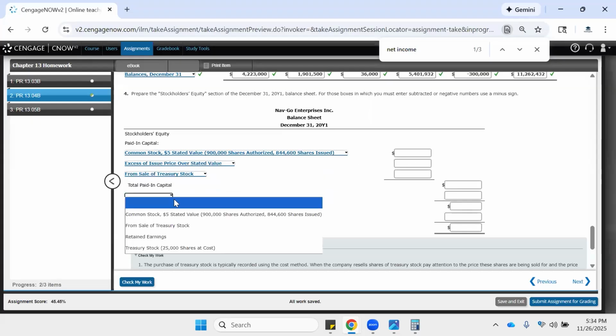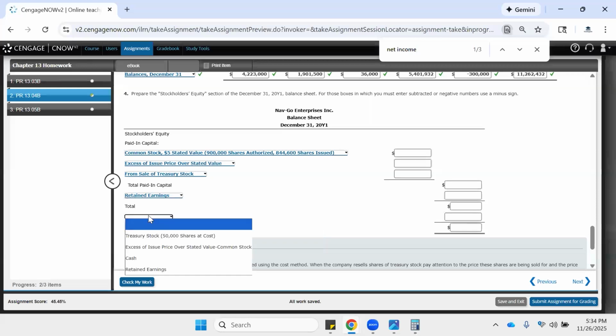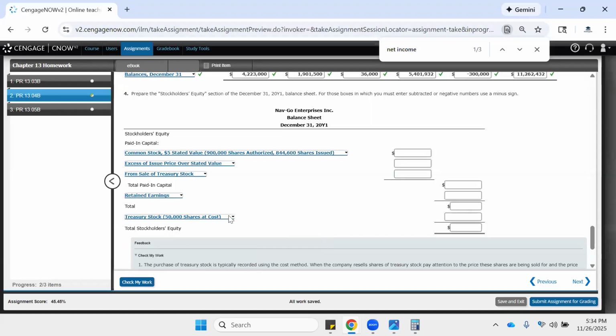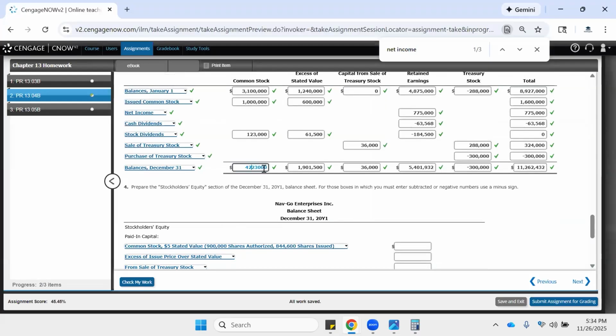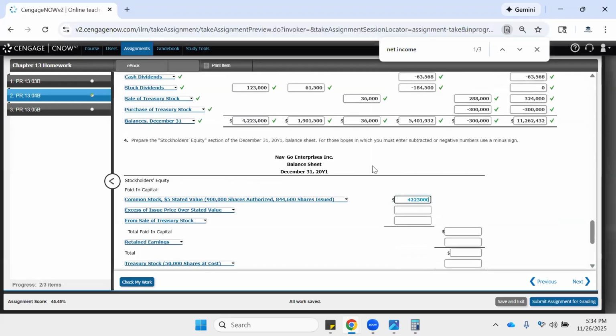And then we have retained earnings, and then we have our actual treasury stock, which reduces our equity at the bottom. But we have paid in capital from sale of treasury stock, paid in capital in excess of issue price, and then our actual common stock stated value.